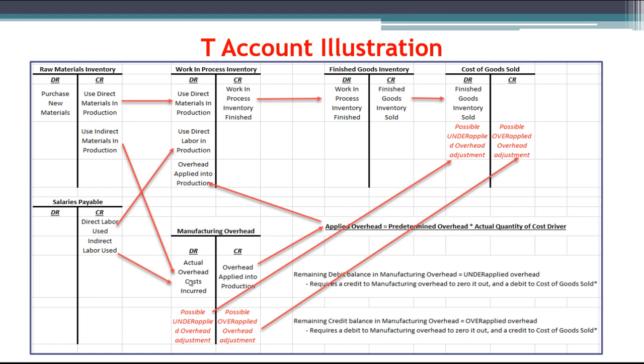Now, as far as what that account really is, there are a couple of ways of thinking about it. The most common way, the way I like to think about it, is that it's a collection of expenses, a temporary holding place for these expenses. That's why it has a debit balance to increase it. It's like an expense account.